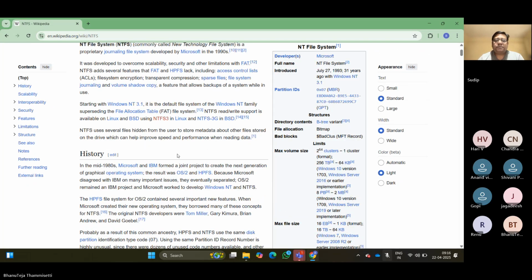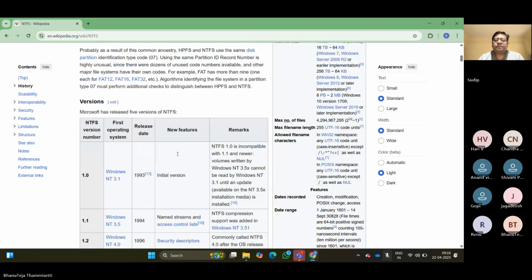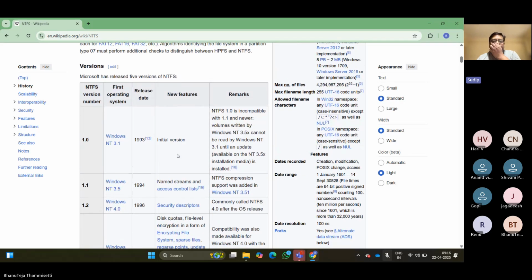Now come down, Bhanu, on this wiki page, further down. On the right hand side, you see the specifications of this file system. Go a little further up.